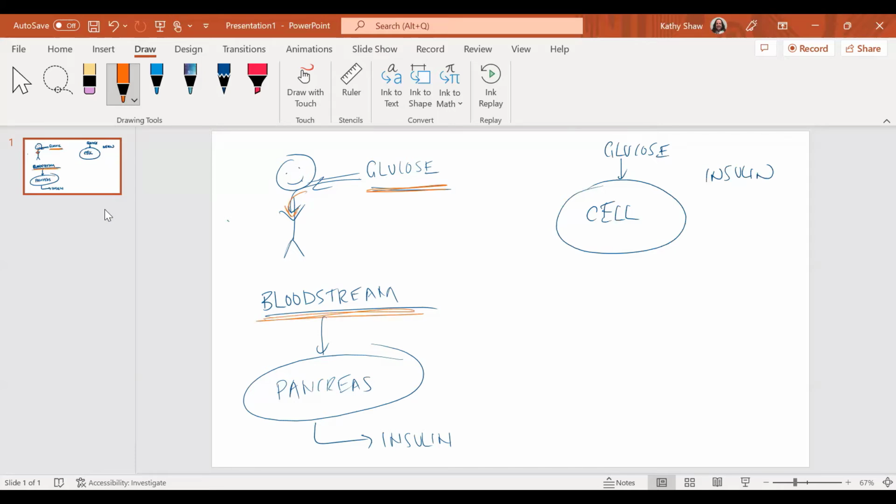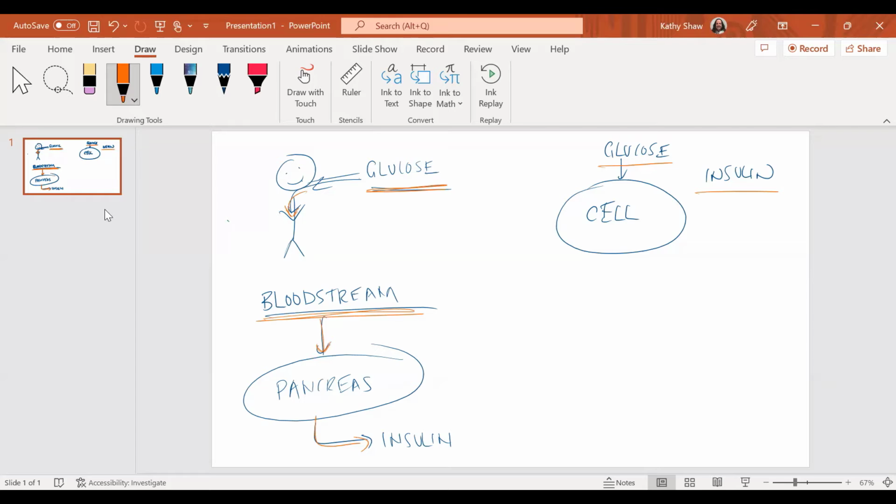The bloodstream still transports it. While it's transporting it, it goes through the pancreas. The pancreas sees that the blood contains glucose, and that causes the pancreas to release insulin. So now the glucose and the insulin come up to the cell, but if that cell has become resistant now, the insulin's not able to get the glucose in.